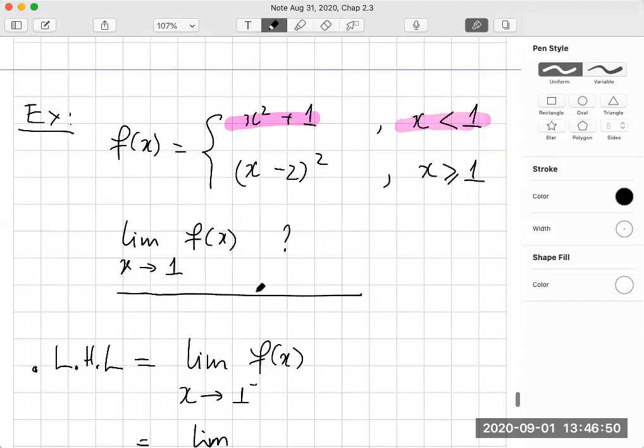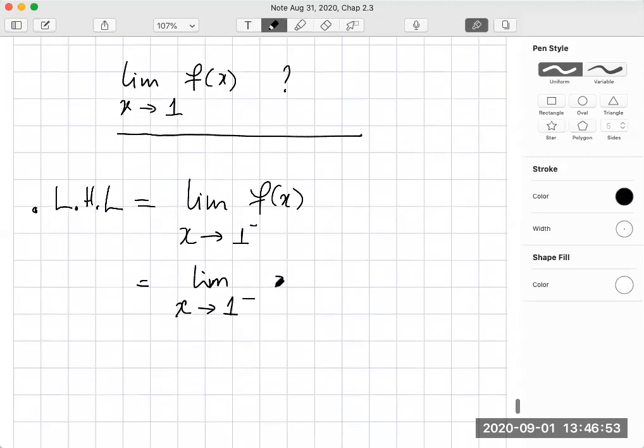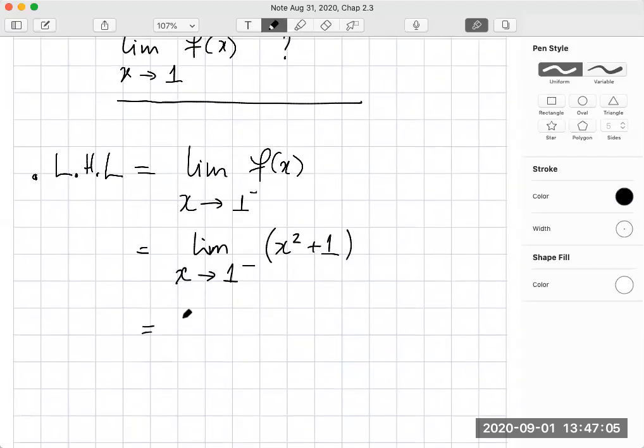It means that it is the limit of x squared plus 1. So the limit of a sum is a sum of limits, plus the limit of 1 when x approaches 1 from the left.